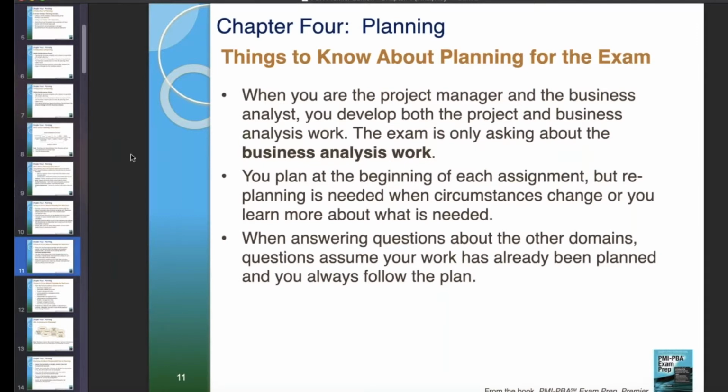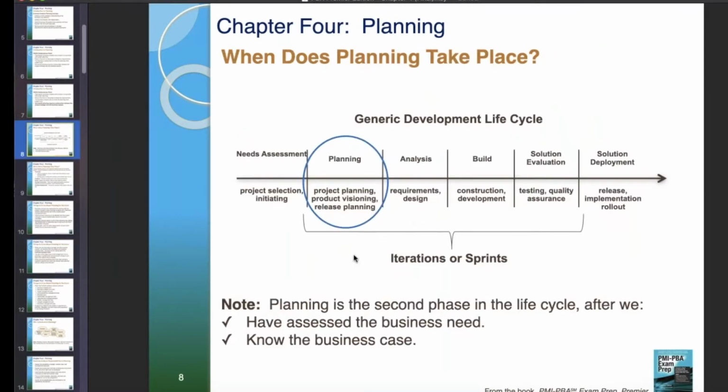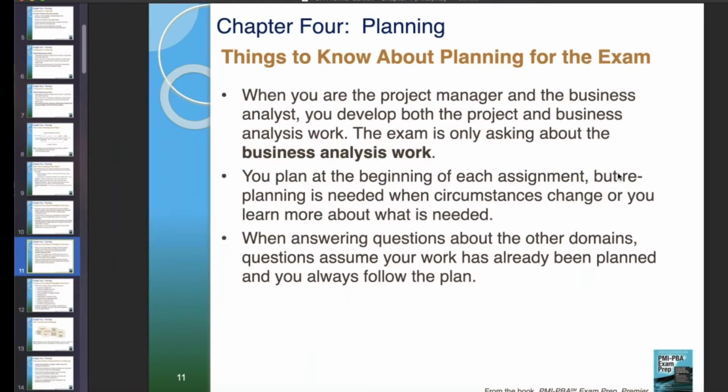Remember we talked about iterations or sprints, replanning, reanalyze, rebuild, etc. Replanning is needed when circumstances change or you learn more about what is needed. When answering questions about the other domains, questions assume your work has already been planned and you always follow the plan.